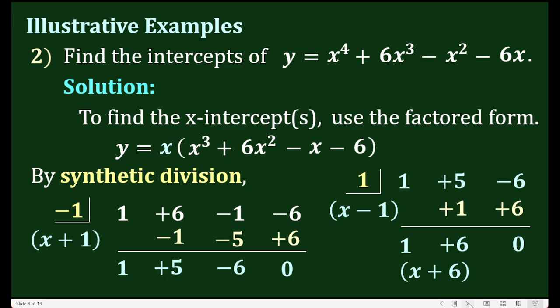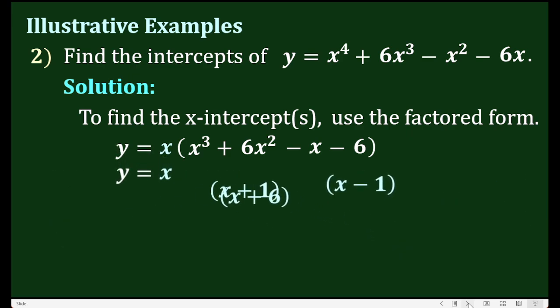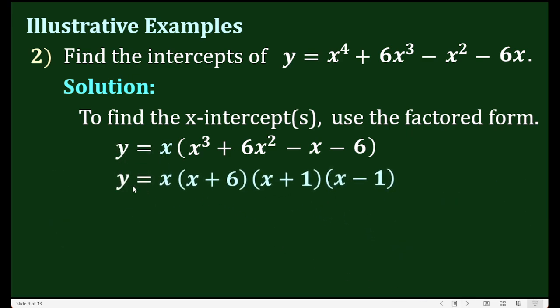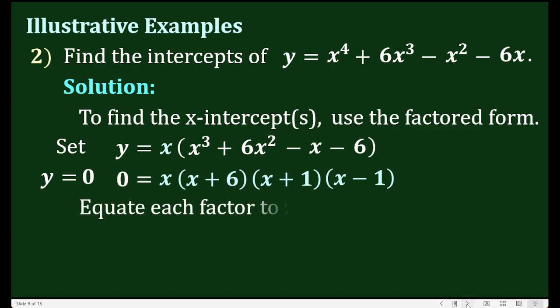So the given polynomial function can now be expressed in factored form as y equals x times the quantity x plus 6 times the quantity x plus 1 times the quantity x minus 1. Then we set y to 0 since we are looking for the x-intercept. And then each factor is now equated to 0.